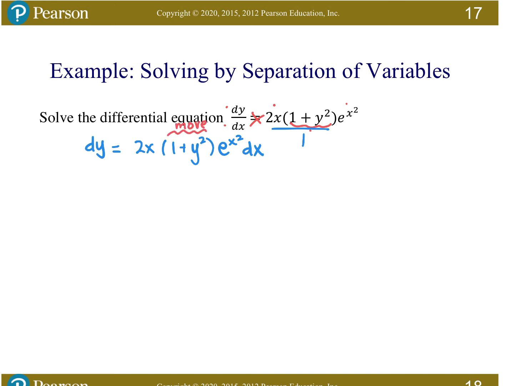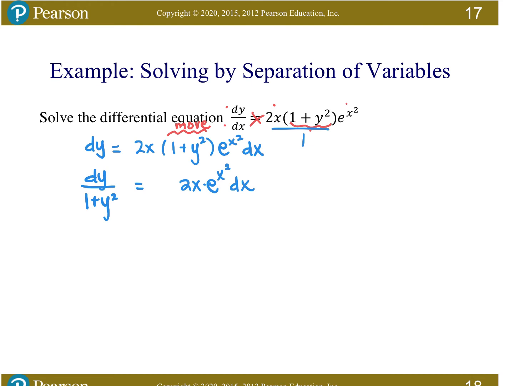And I can only move it with addition, with multiplication or division. So I'm going to divide. So I'll have dy over 1 plus y squared, and then I'll have 2x times e to the x squared dx. So at least I have all the y's on one side and all the x's on the other.